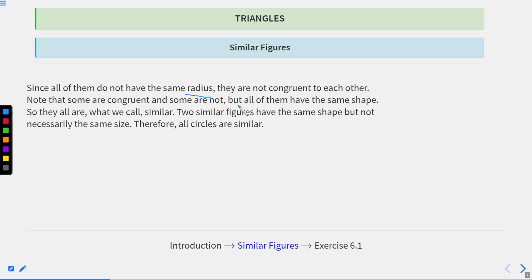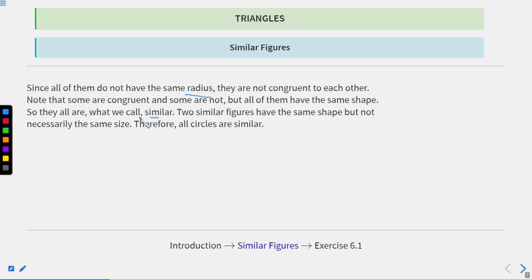Note that some are congruent and some are not, but all of them have the same shape. The problem is that the size is different. So they are not congruent, but they are all what we call similar.